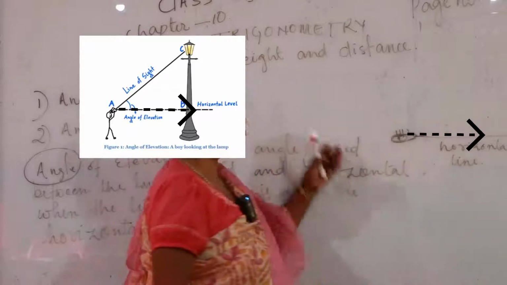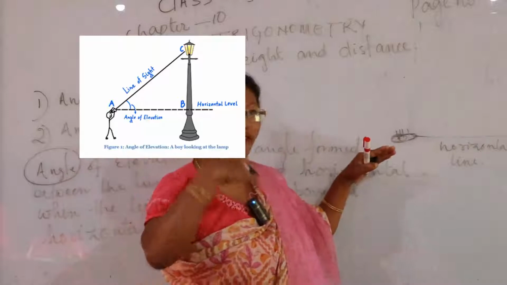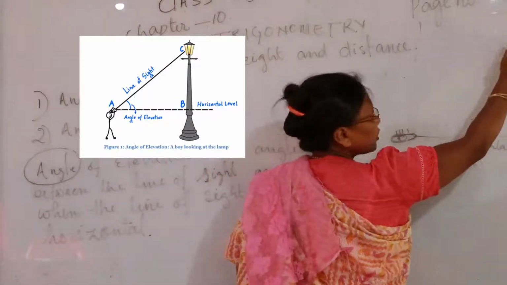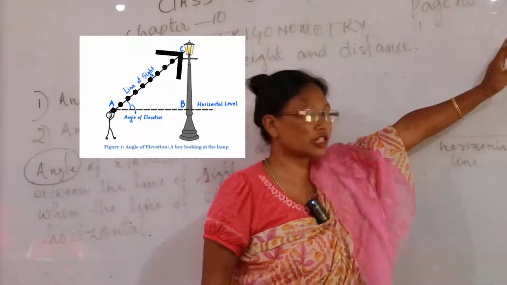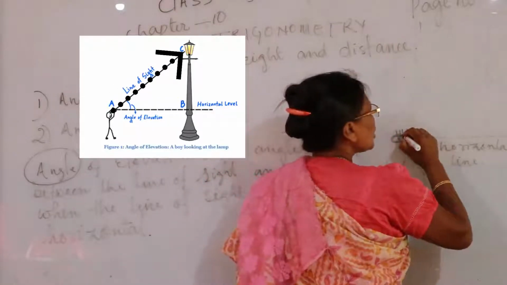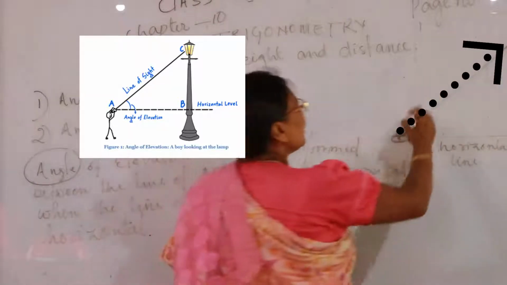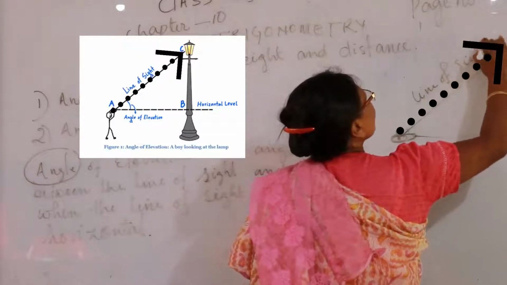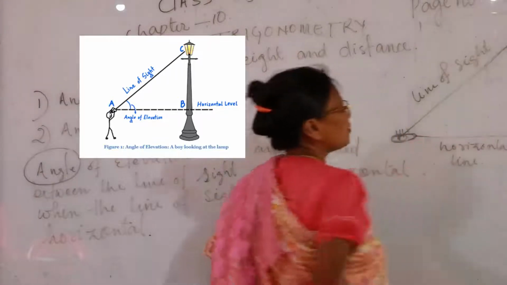Then again, if we are going to look at something, we are looking from our eye, then it is above. There is one object here. If we want to look at this object, we are going to look upward. Then this one is the line of sight. This one is the object.